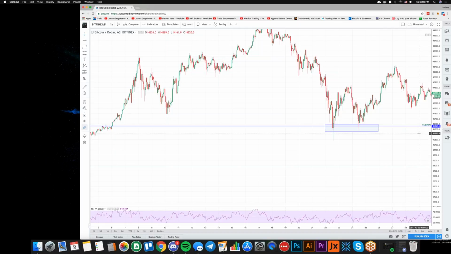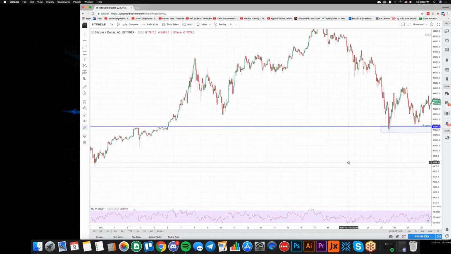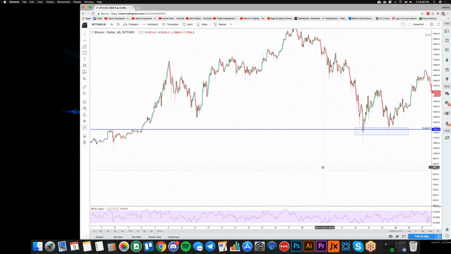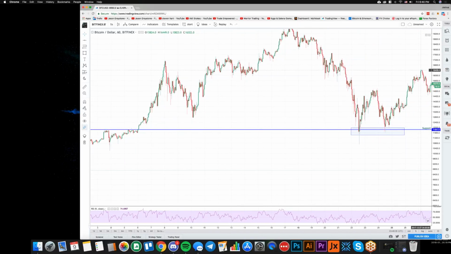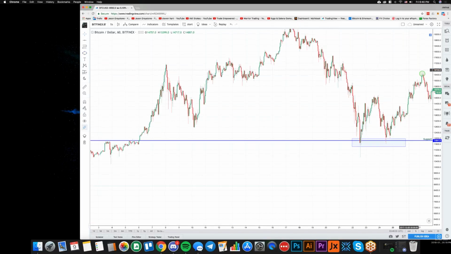It's pretty simple, right? We only have this to go off of. And so we're thinking, okay, well, we're headed up right now, but we come up here and then we saw a reversal. Right here is where we saw a reversal pattern and we started on a downtrend. And now I'm thinking, okay, if we do come back down to this area, that would be a good time to buy, right?